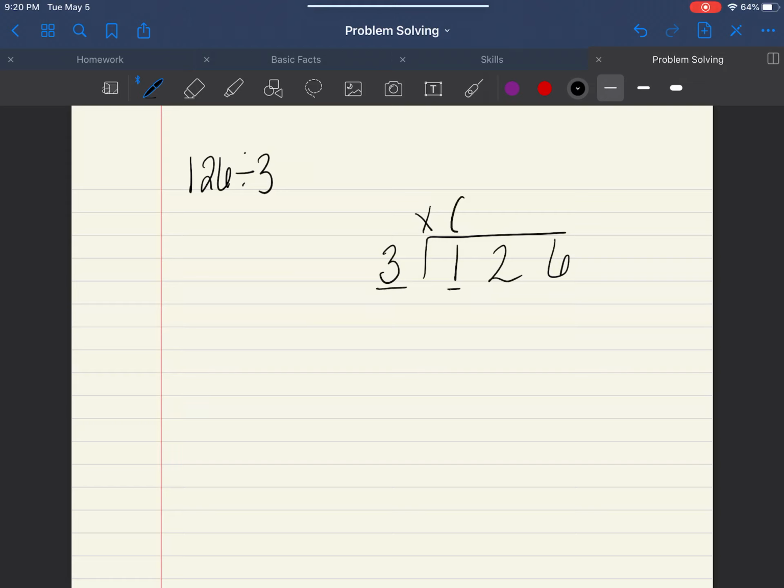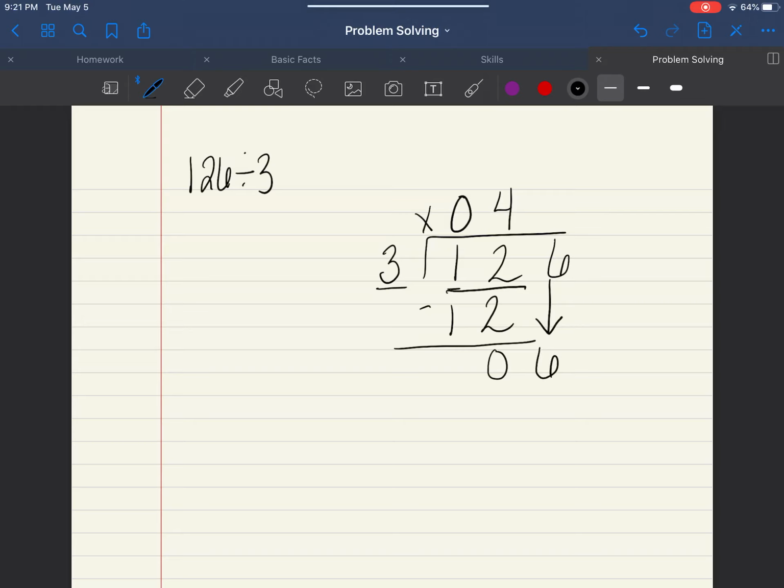I'm going to go ahead and do the long division. 3 times what gives me 1? That would be 0. Nothing will give me 1. So I'm going to regroup, and now I have 12. 3 times what gives me 12? That would be 4. 3 times 4 is 12.